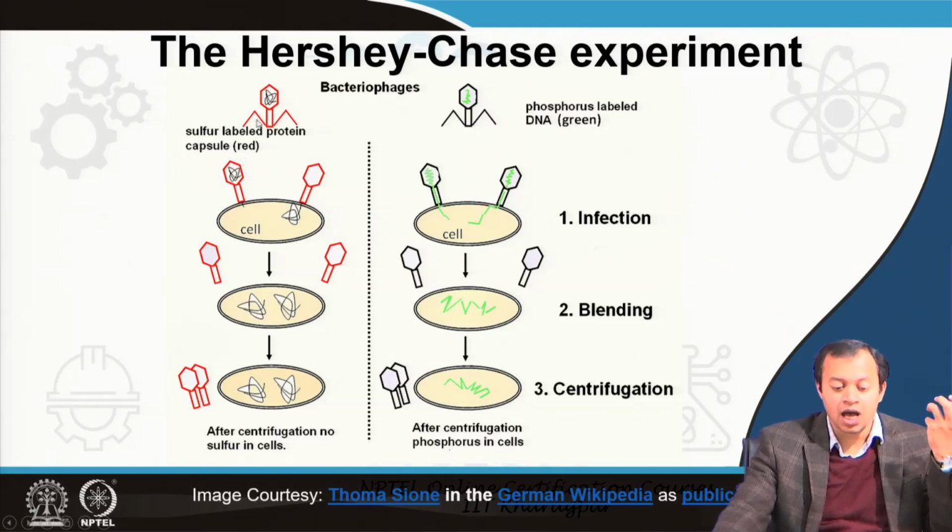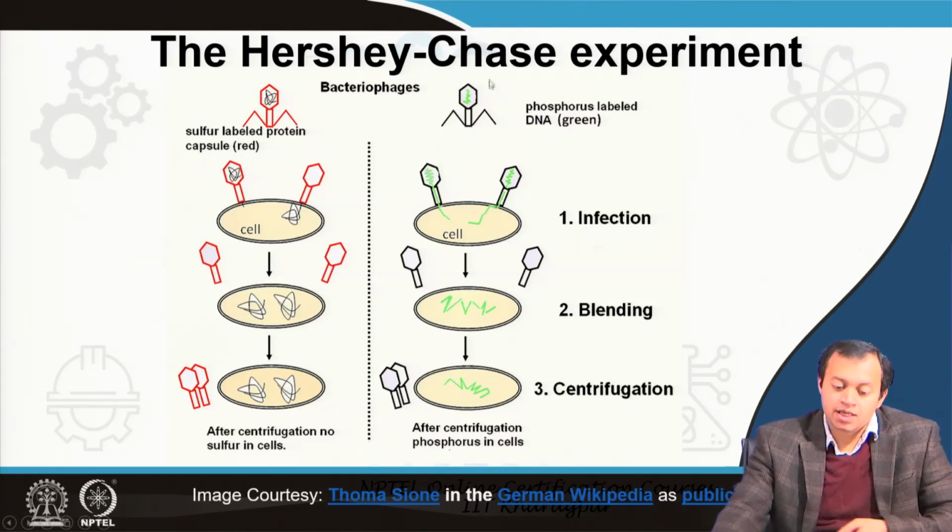Sulfur is part of the outer proteinous layer of the virus. They coated the outer proteinous layer with radioactive sulfur, and infected the bacterial cells with this radioactive virus.